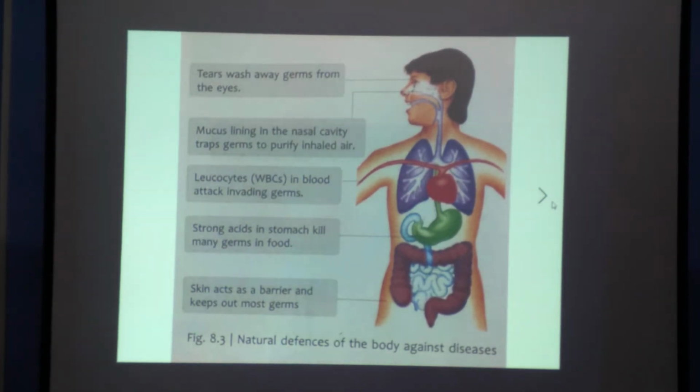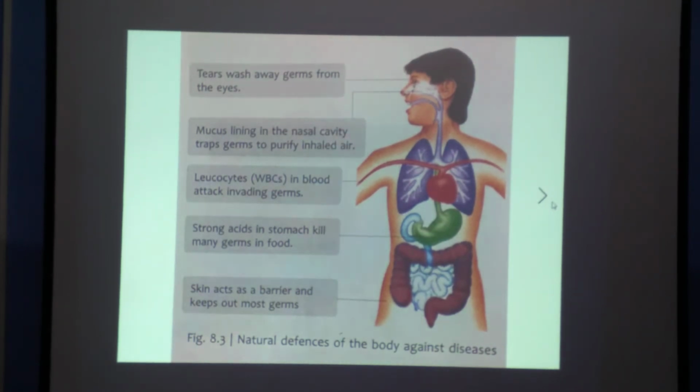So besides the immune system, you can have a look at the natural defenses of the body against diseases. Now we have tears in our eyes, isn't it? So tears wash away germs from the eyes, which might cause infection in our eyes. Another is the liquid, the jelly-like substance which is produced in the nasal cavity, that is called mucus.